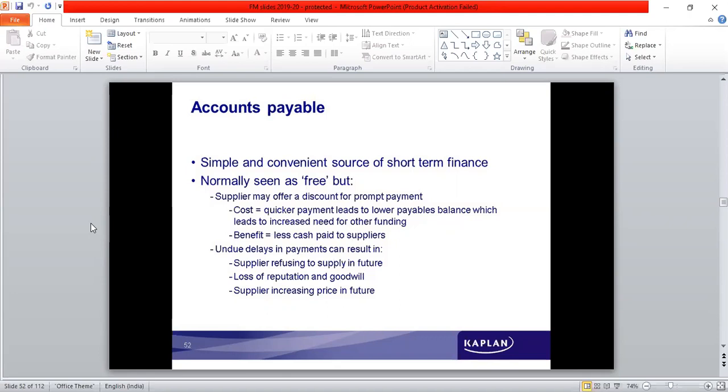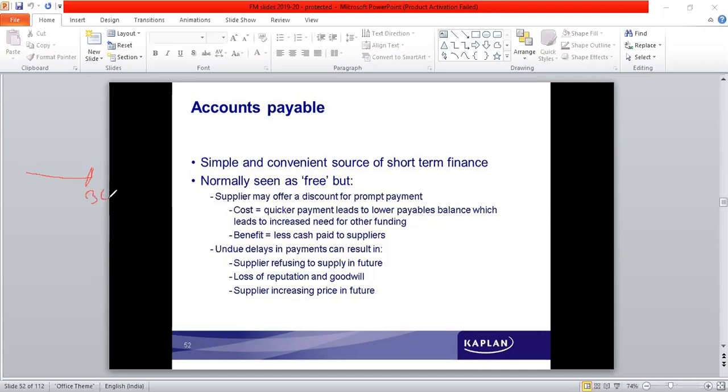If they do not avail that cash discount, they are foregoing it, which may not be advisable. For example, if the credit period is 30 days, they need not pay the amount until 30 days.